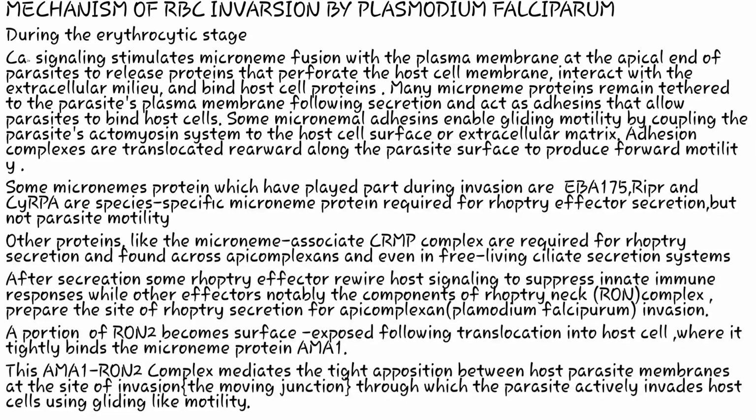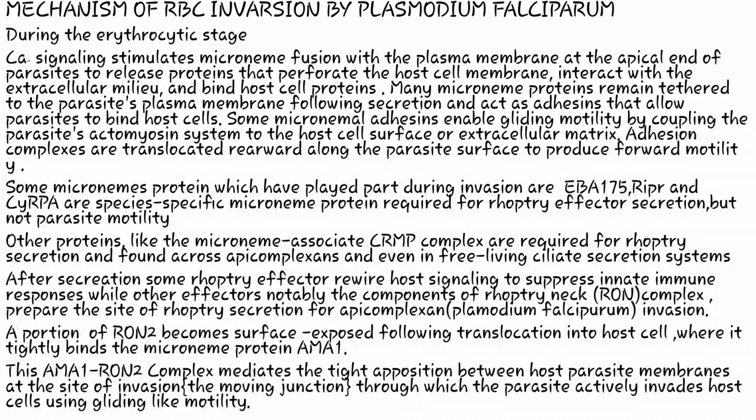During the erythrocytic stage, here it is in the blood. Once these merozoites are released from the liver, there is calcium signaling which stimulates micronemes, and the microneme fuses with the plasma membrane. As we say, this Plasmodium falciparum has membranes: a plasma membrane, then below it the actin myosin complex, then inside it the inner membrane complex.